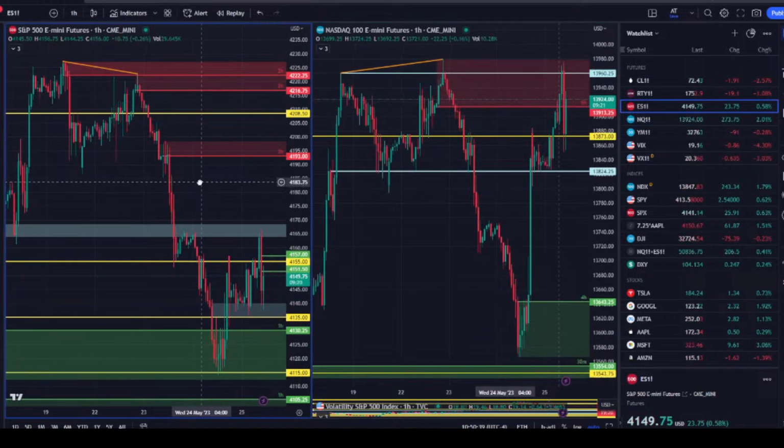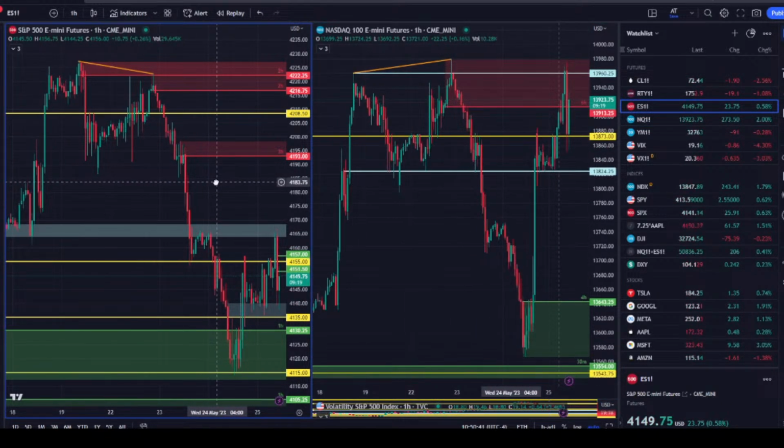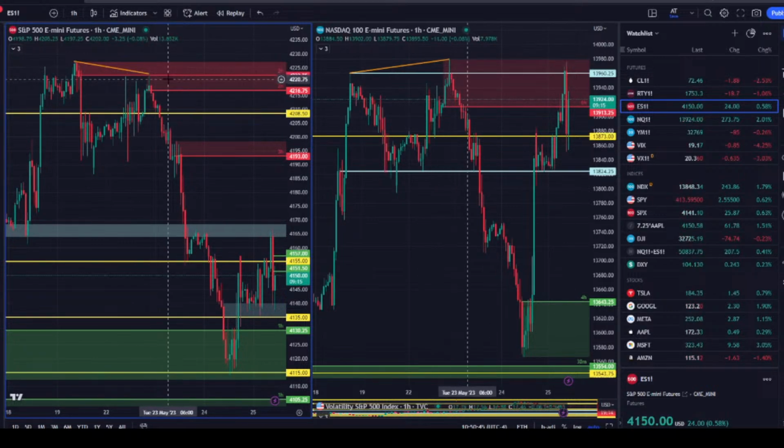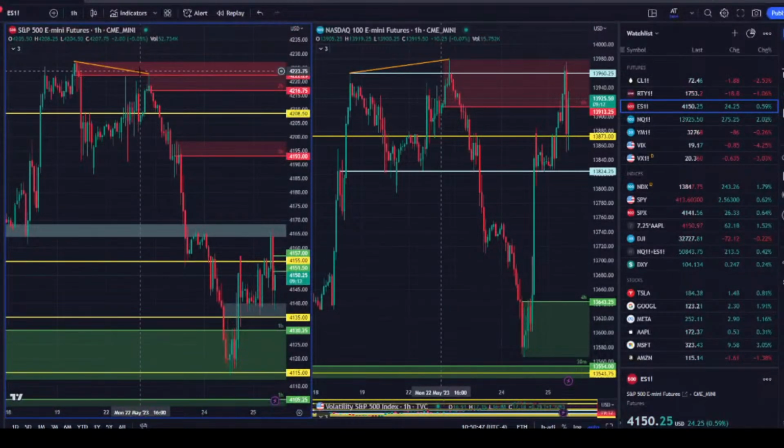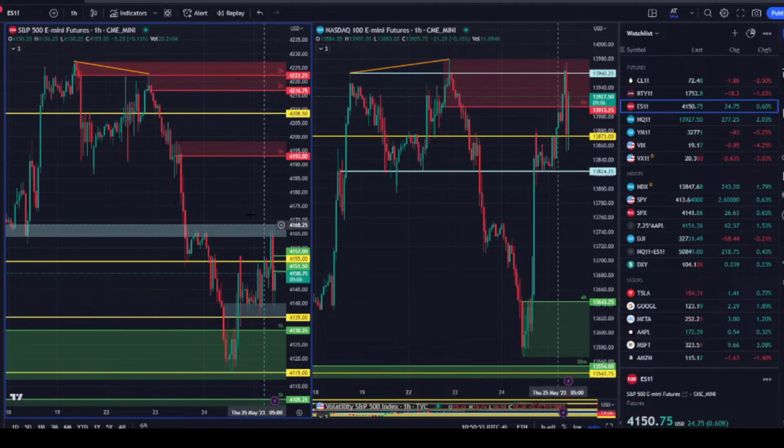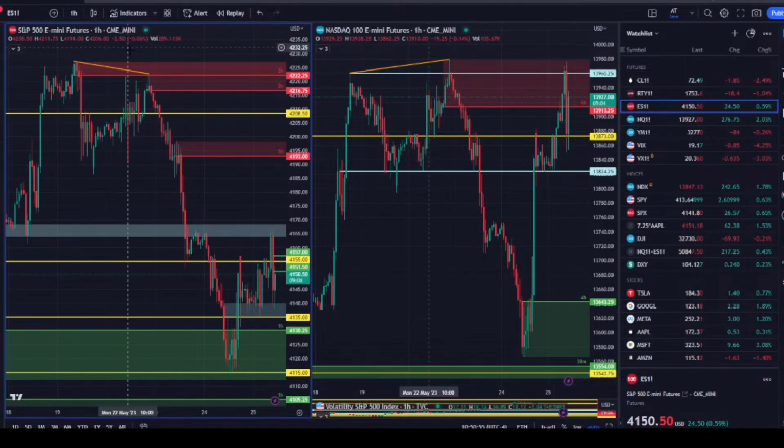So it's cool. Divergence is really cool. I love divergence. That's huge. Even right here, that's crazy. Here's some crazy divergence. We created equal highs on Nasdaq, but we're way off those highs on ES.